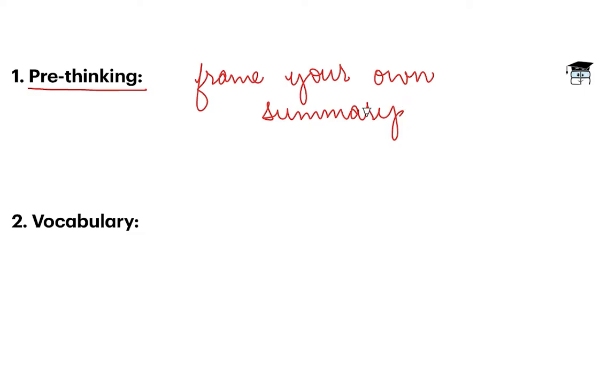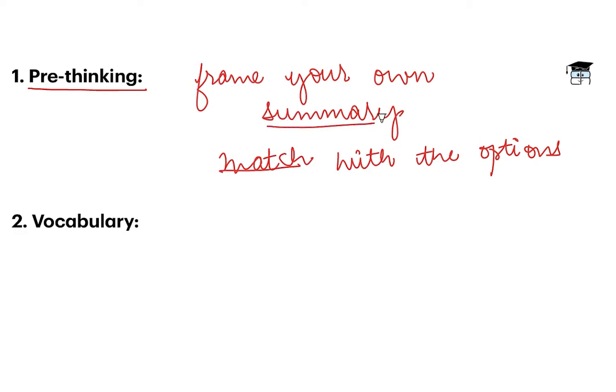Then match this summary with the options that are listed in your question. When you match this summary with the options listed in the question, you will be able to identify one option that will suit this summary the most. That option will be your answer.